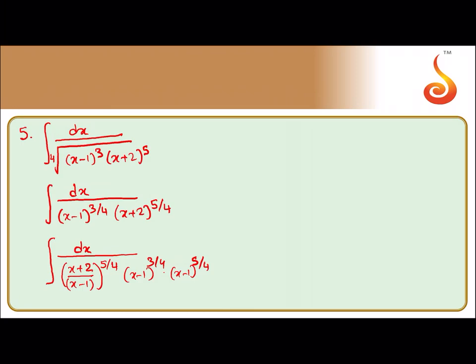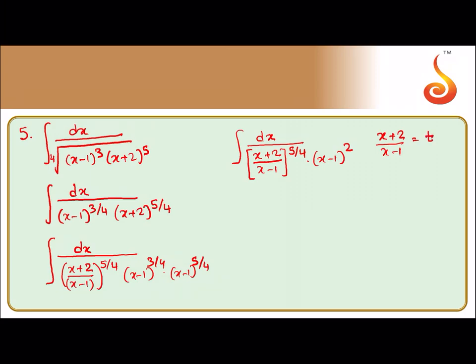It means x minus 1 to the power 3 by 4 into x minus 1 to the power 5 by 4. So automatically this becomes dx by x plus 2 by x minus 1 to the power 5 by 4 into x minus 1 to the power 8 by 4, which is whole square.